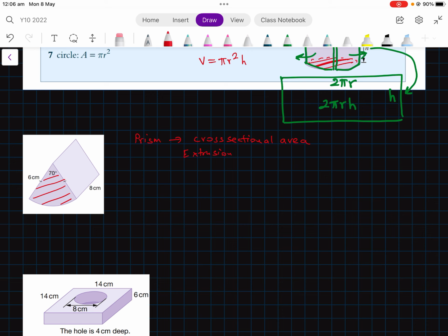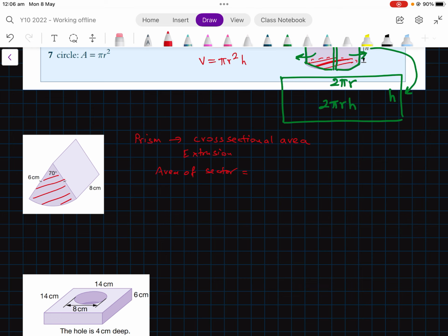Now here we have the area of the sector, which happens to be the two ends. We'll need those when we are calculating the surface area. We need the area of the cross-section, which is the area of the sector, when we're calculating the volume. Okay, so let's calculate the area of the sector. Let's appreciate that this is only a 70-degree sector.